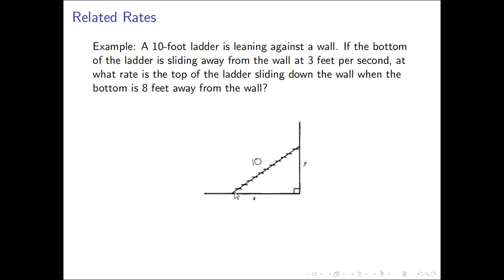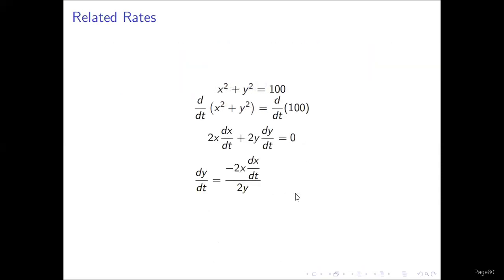So again, since it's moving away from the wall, x is increasing, so the rate of change should be assigned a positive sign. Now, we are also given the instant when the bottom is 8 feet away from the wall, and that would be x. So we are given the following so far.